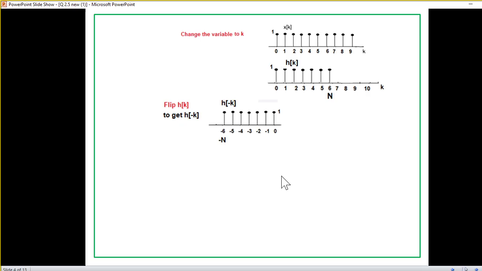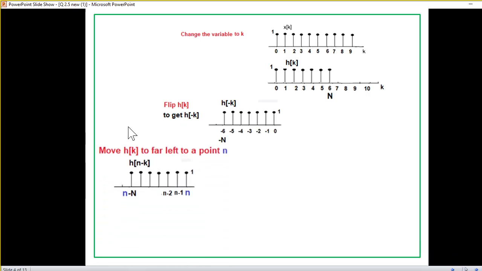And then we move this signal far away to a point n. So wherever there is the 0 will become n, and we'll add n with all the values. And the next is that we pull the signal to overlap with the x[n] signal.